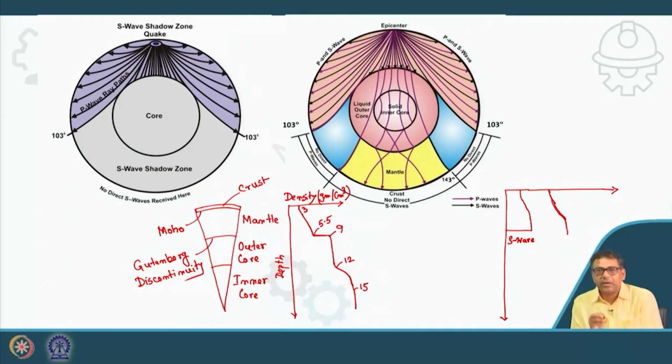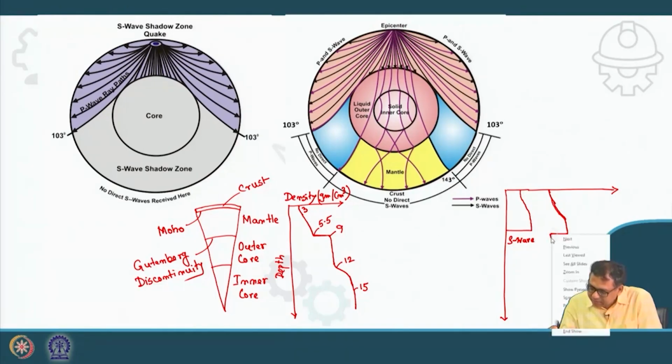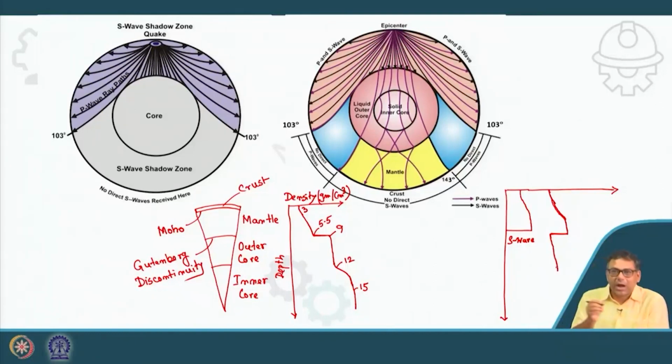Then at the boundary between the mantle and the outer core, it suddenly decreases. Then it starts increasing again. At the boundary between the outer core and inner core, there is a slight decrease, and then it will again increase and follow like this. Clear? It is in kilometer per second.